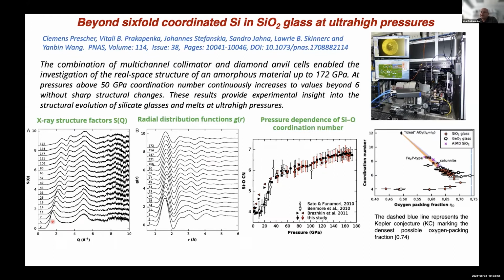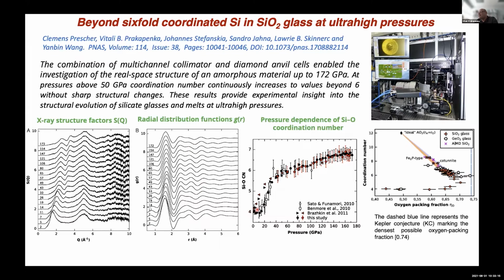You can see that the structure factor quality of the data is quite good for a relatively low Z compound, so we can get up to 10 Q. With this Q, we were able to get a better distribution function versus pressure.